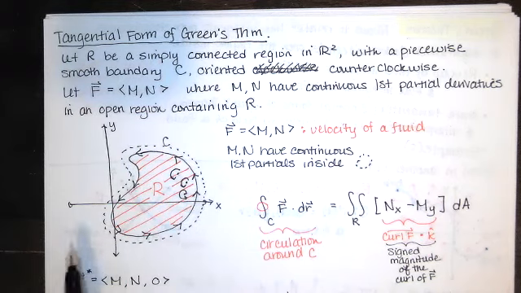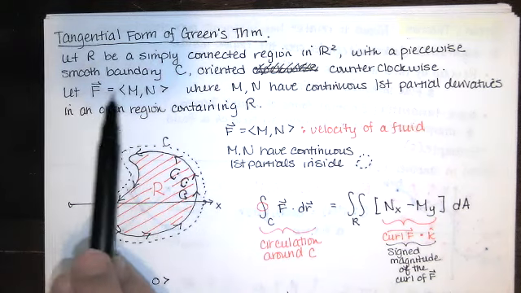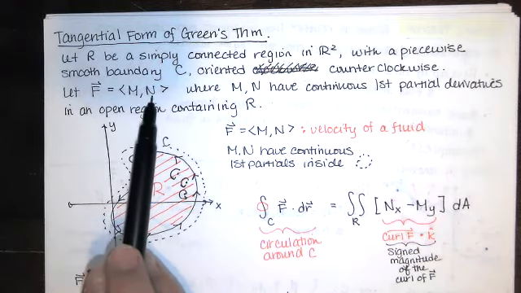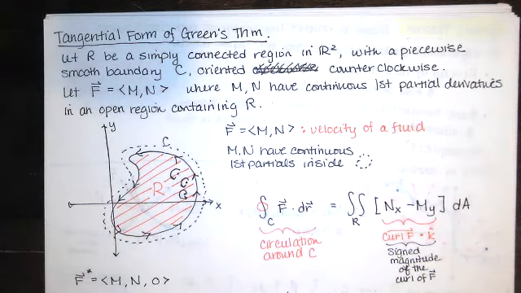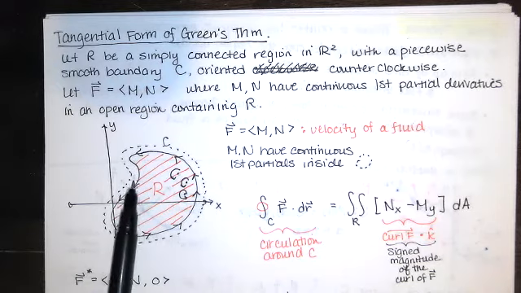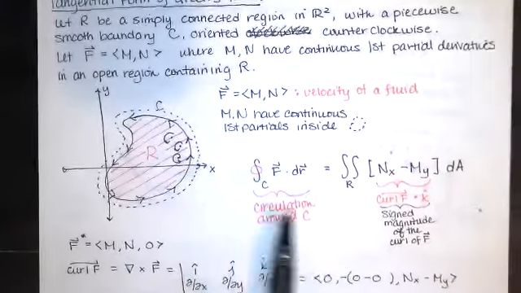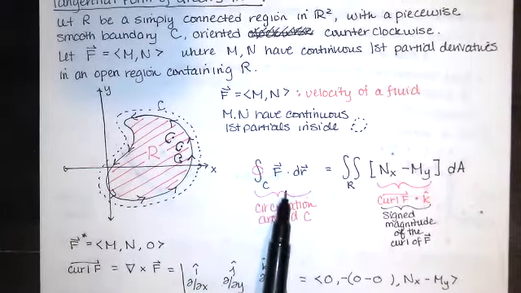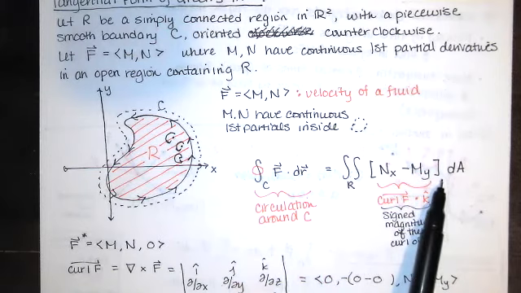If that's true, and the field has components M and N with continuous first partial derivatives in an open region containing R, so that means on R, on the boundary of R, and really close to that boundary, then the line integral over C, a closed curve, is equal to the double integral of this.